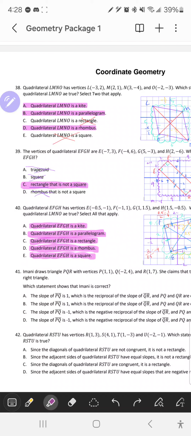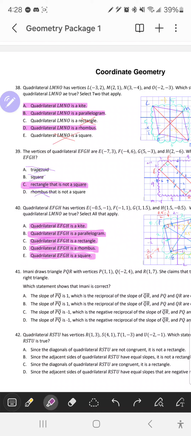And the requirement for a square is that all sides are equal, the opposite sides are parallel, and all angles are right angles, so it fulfills all the requirements for the rectangle, but adds one more, that all sides are equal. So it basically fulfills all the requirements for a rectangle.